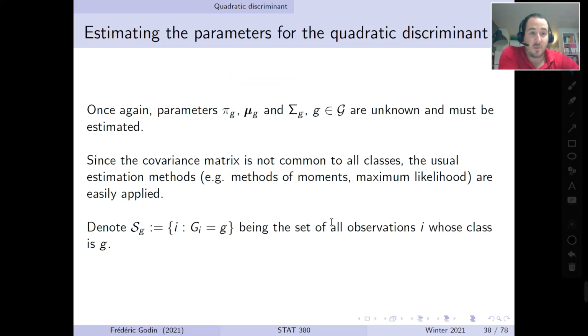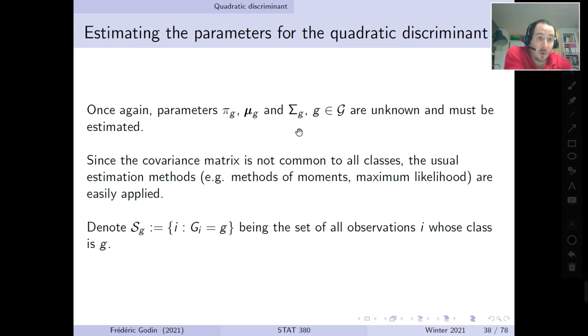Okay, so once again, if you want to apply quadratic discriminant analysis, you have to estimate the parameters: the unconditional probabilities of being in each class, the mean vector for predictors in each class, and the covariance of predictors in each class.